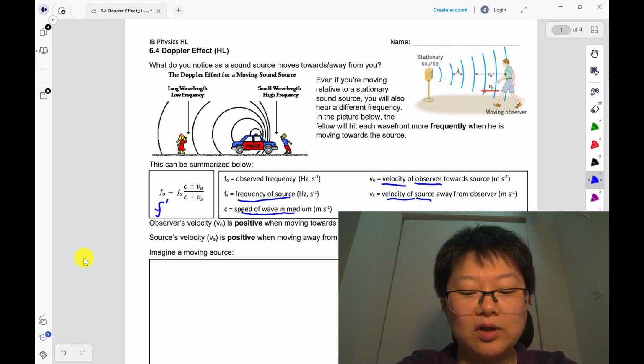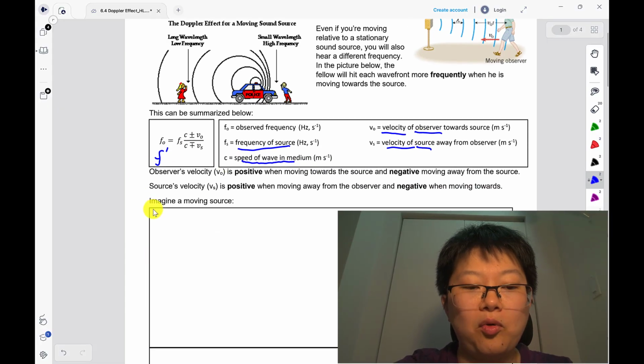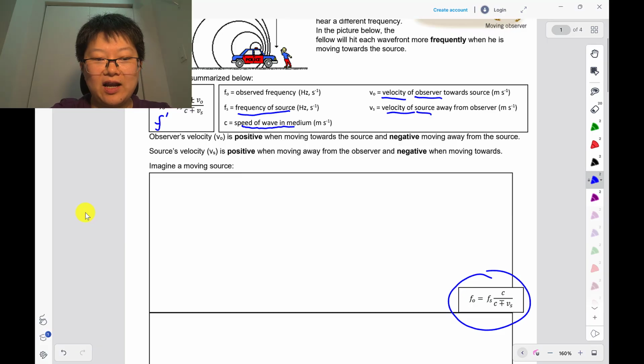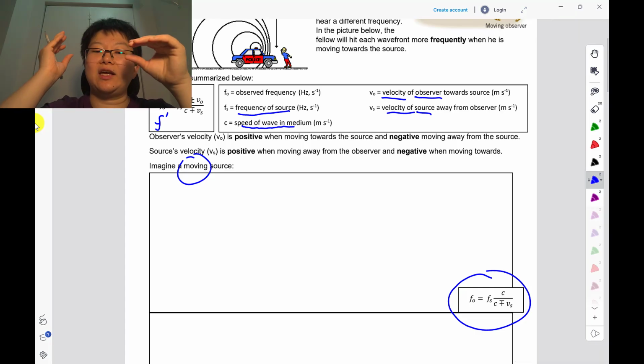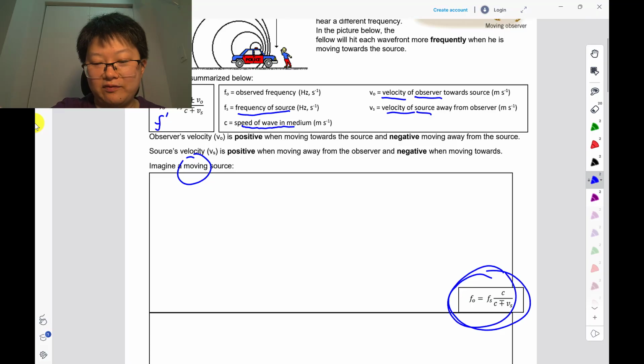Okay, so the first part of this video is deriving the portion of the equation that has to do with the moving source. So if the source is moving and the observer is not, why do we get this part of the equation?